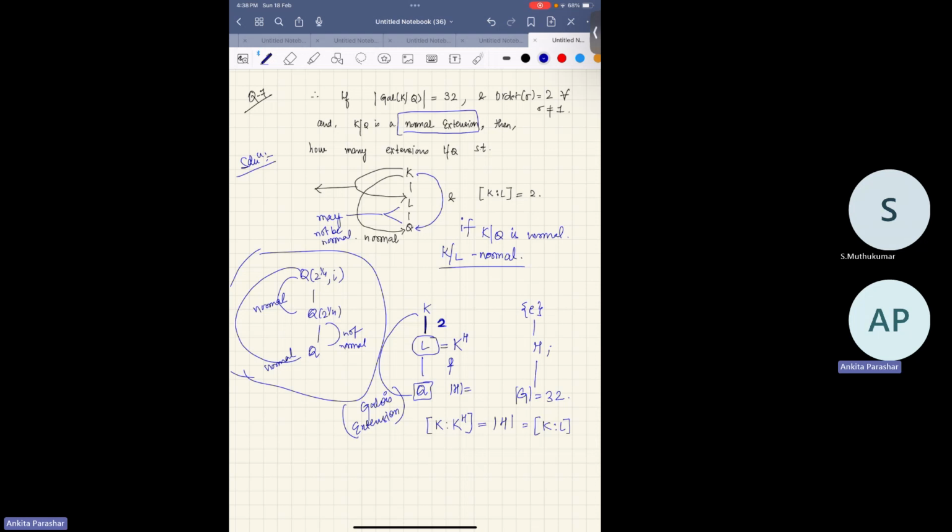Therefore the order of H has to be 2. And now, can you say how many subgroups of order 2 there are? Because you just had to tell how many extensions there are. This is easy, right? How many subgroups of order 2 are inside a group where every non-identity element has order 2? How many are there?